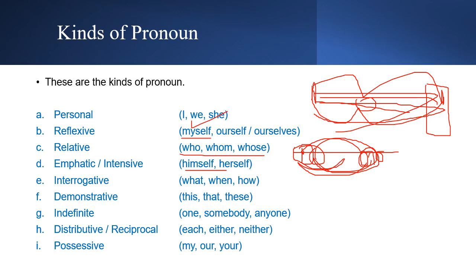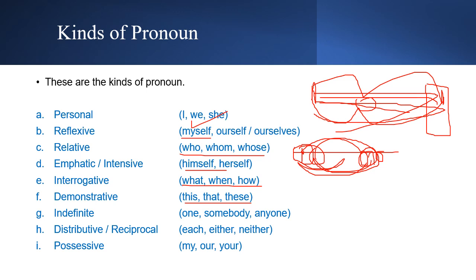Interrogative means when you use what, why, when, how to question. These are some of those pronouns which start a sentence. Demonstrative is this, that, meaning they demonstrate what we are talking about. For example, if I say this is the book that I bought, this is the one, so we are pointing towards that.